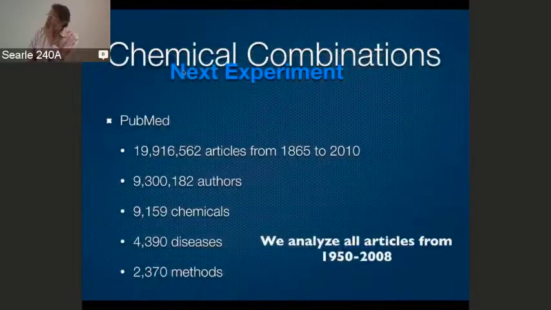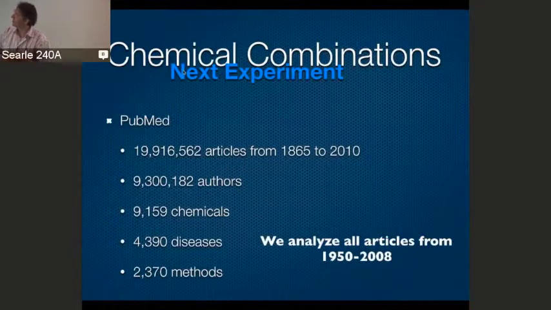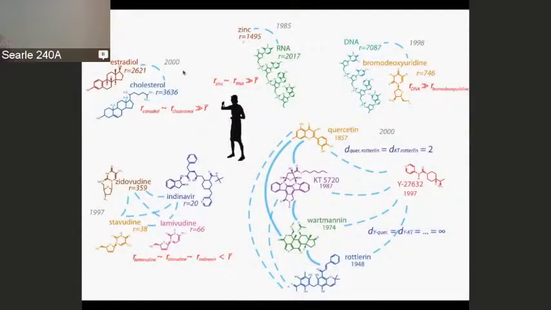Another thing you can do with these combinations of elements, in this case, we take just the chemical elements, and we look at the combination of those things across papers in time to get a finer sense of the algorithm that describes what authors are doing. So here's a chemist, and here are a whole family of chemicals that are combined in various papers in various ways.